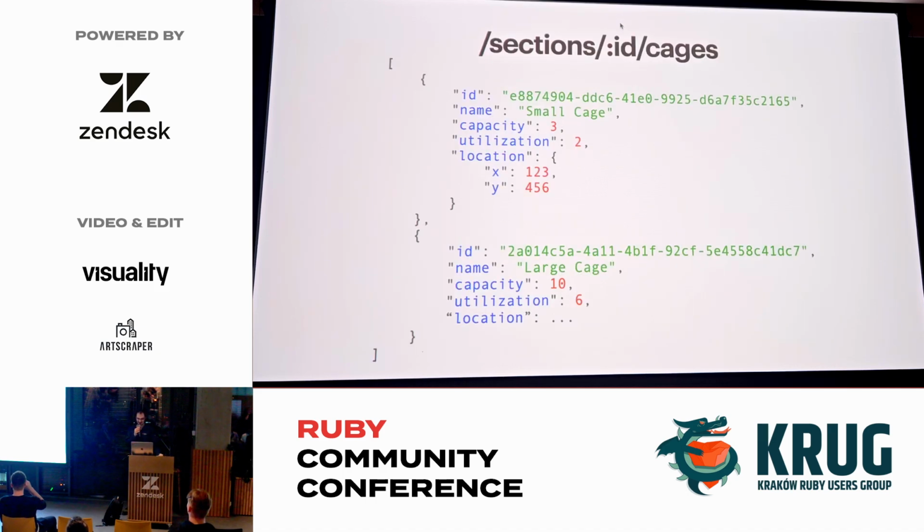Let's go for cages. You have a small cage and a large cage. One of them has a capacity of 3, the other one has a capacity of 10. Also, there is a dynamic field called utilization. Obviously, you need to calculate it somehow.